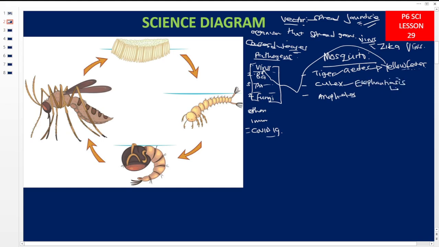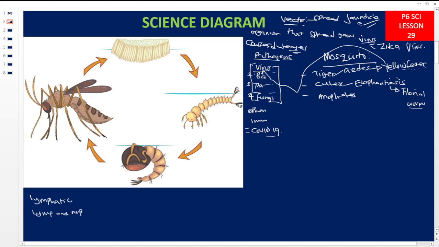Now the Culex mosquito carries germs that cause a disease called elephantiasis. This elephantiasis is caused by what we call filaria worms. When these filaria worms enter the body, they attack a body system called the lymphatic system. Elephantiasis does not affect the circulatory system, it affects the lymphatic system, the lymph and the lymph nodes.